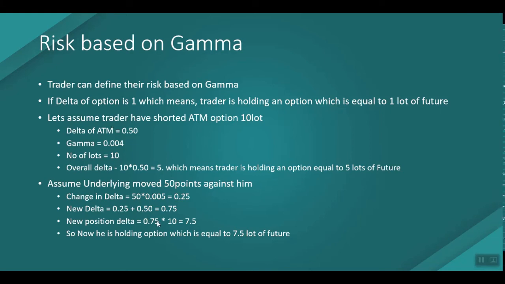So the new position delta is 0.75 into 10 lots of options, which is 7.5, right? Earlier we had an overall delta of 5, so we had a 5 rupee movement for each 1 rupee movement. Now we have a new delta of 7.5, so for each 1 rupee movement against us, we will be losing 7.5 rupees.